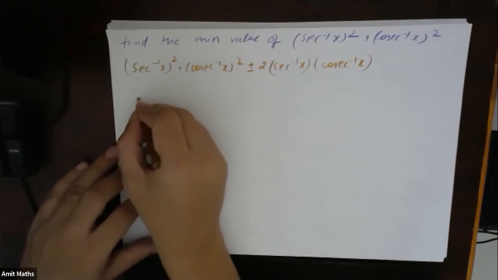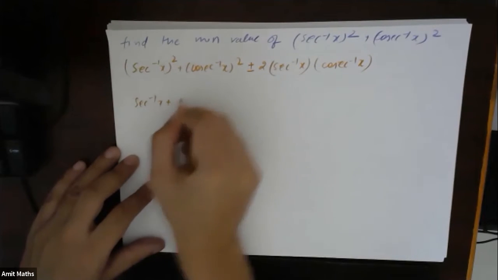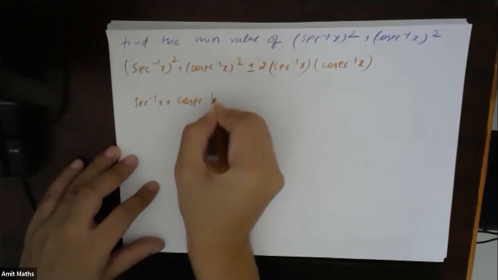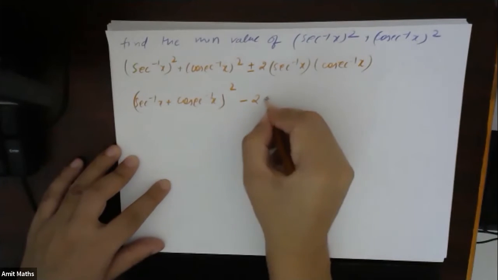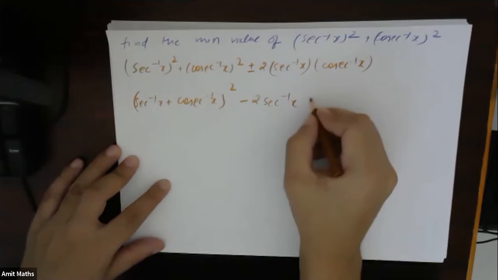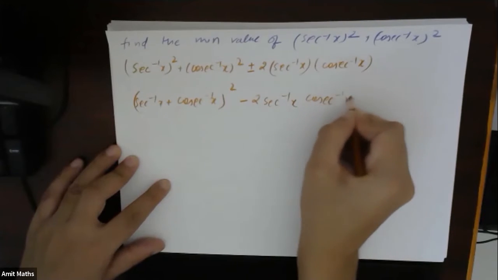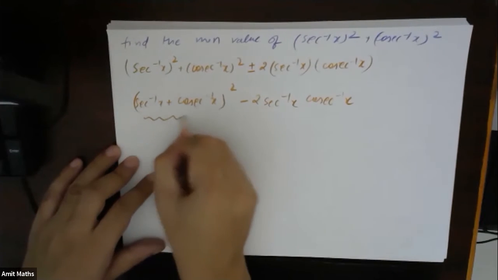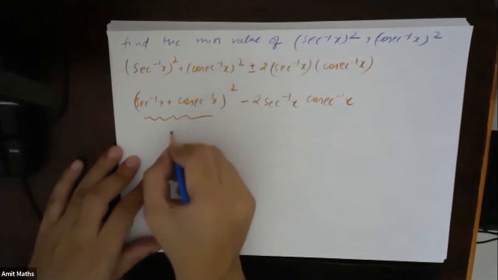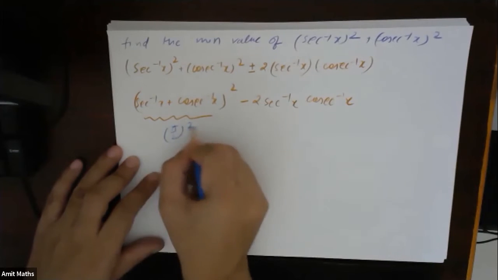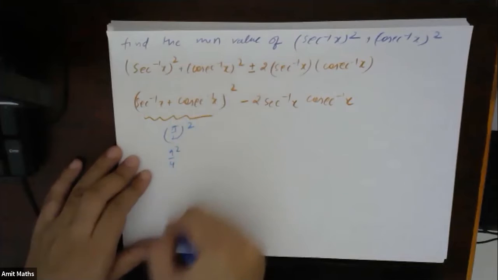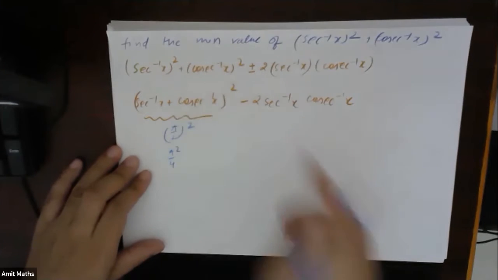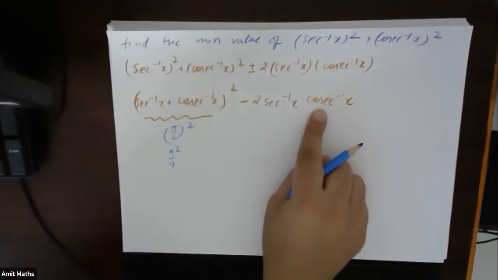So this will become sec inverse of x plus cosec inverse of x whole square minus 2 sec inverse of x into cosec inverse of x. So this part has been taken care of. This part is nothing but pi by 2, so this is pi by 2 whole square. So this becomes pi square by 4. Every time it will be pi square by 4. This is constant now, right? Now the thing is this sec inverse of x and cosec inverse of x.